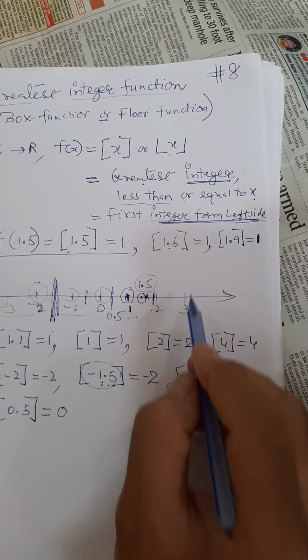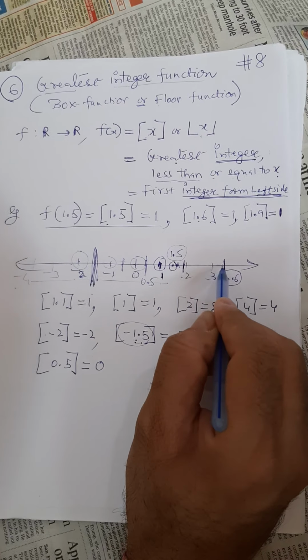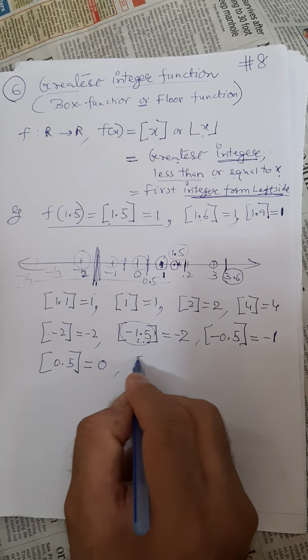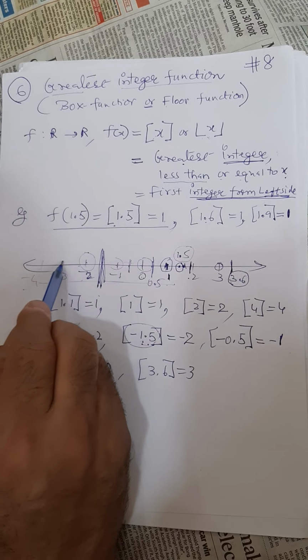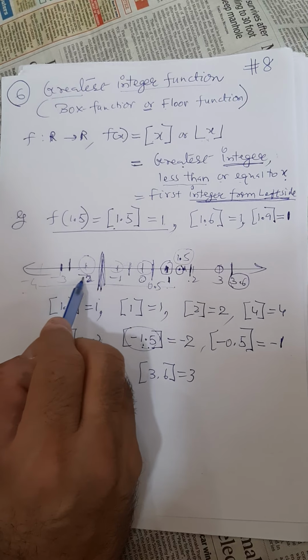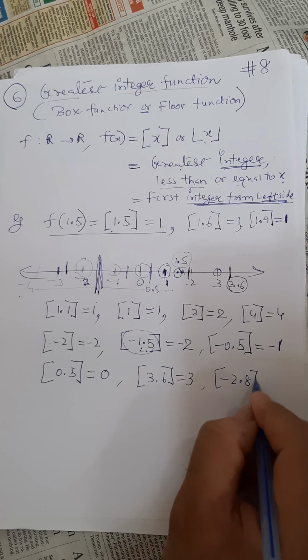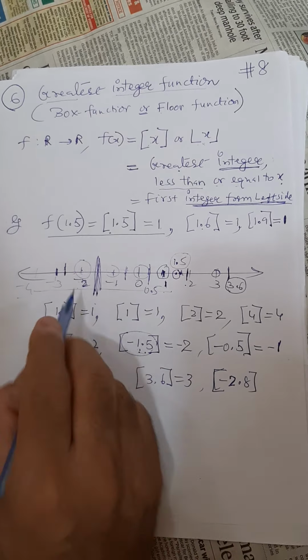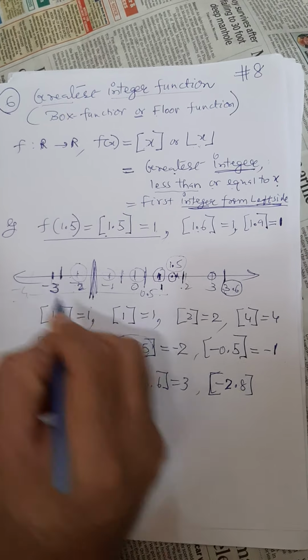So if I am standing here, 3.6 for example, which is the first integer from the left side? That is 3. So box of 3.6 is 3. If I'm standing here, suppose minus 2.8, which is somewhere here, the first integer on the left side is minus 3.